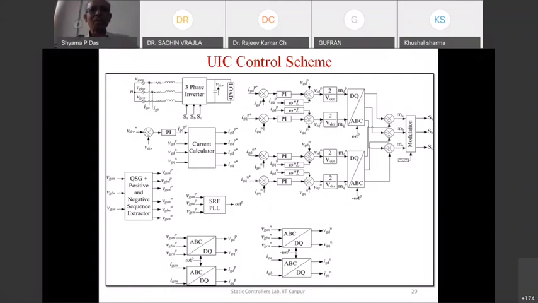Active power is the interaction of voltage with current, in-phase voltage with in-phase current. And by special choice of reference frame, we have aligned our d-axis along the grid voltage vector. So VGQ equal to 0 and IGQ equal to 0.